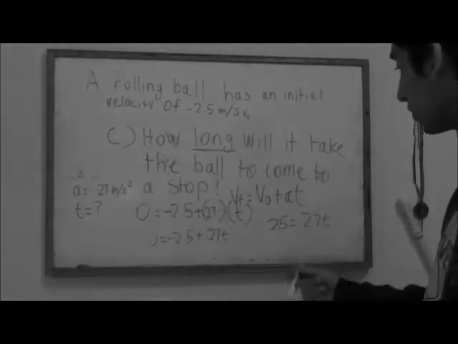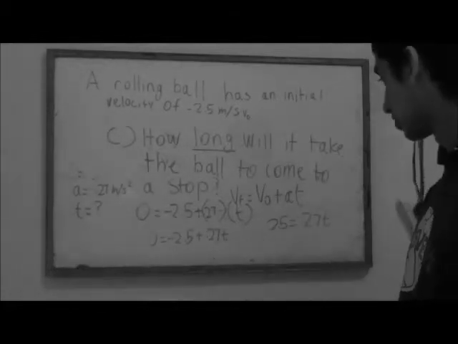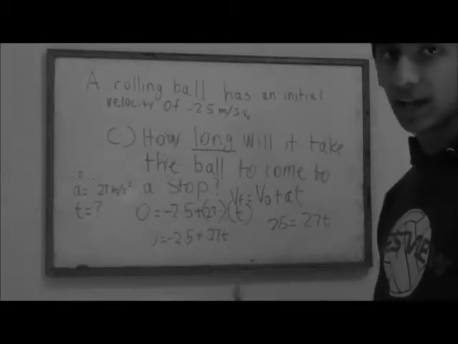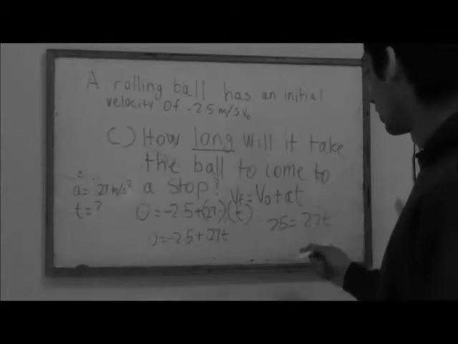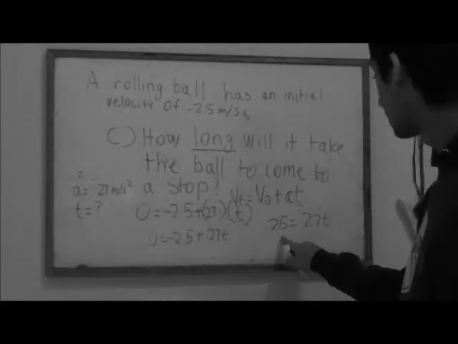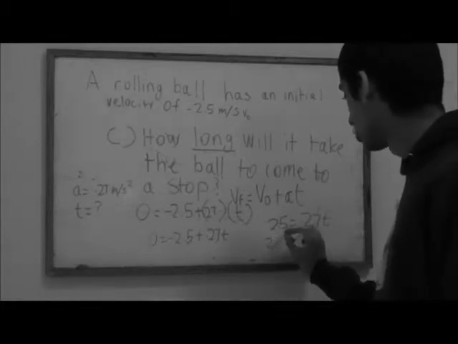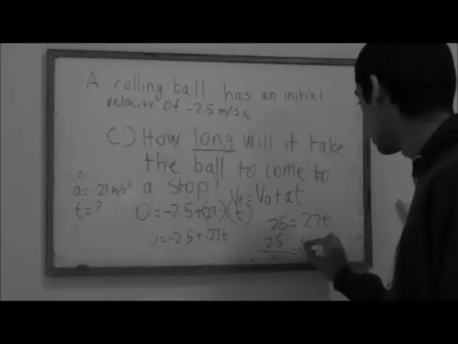Now this is a simple algebra equation. T is the missing variable, the value we need to find. So I move 0.27 to this side, which makes it 2.5 over 0.27 equals t.